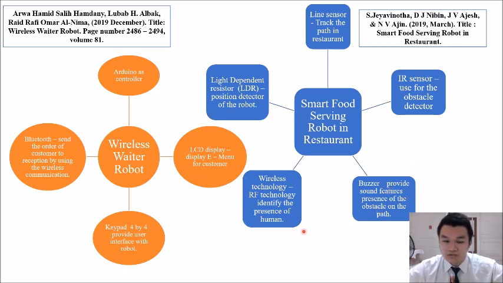They also use RF technology, where RF stands for radio frequency, to identify the presence of a human. Lastly, the LDR, called a light dependent resistor, is used for position detection of the robot.